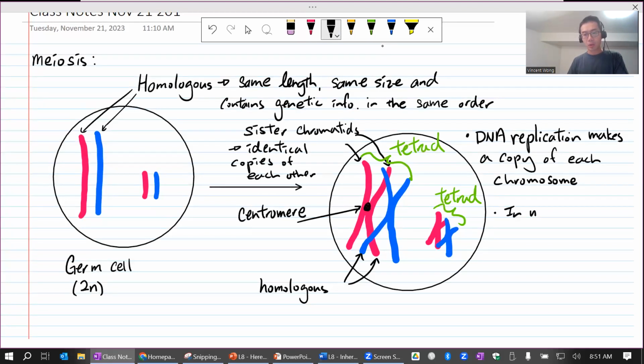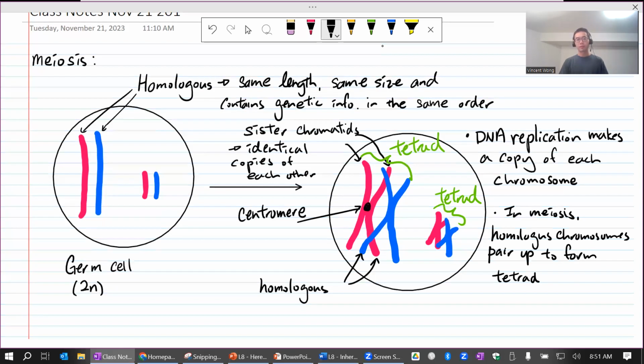So in meiosis, homologous chromosomes pair up to form tetrads.